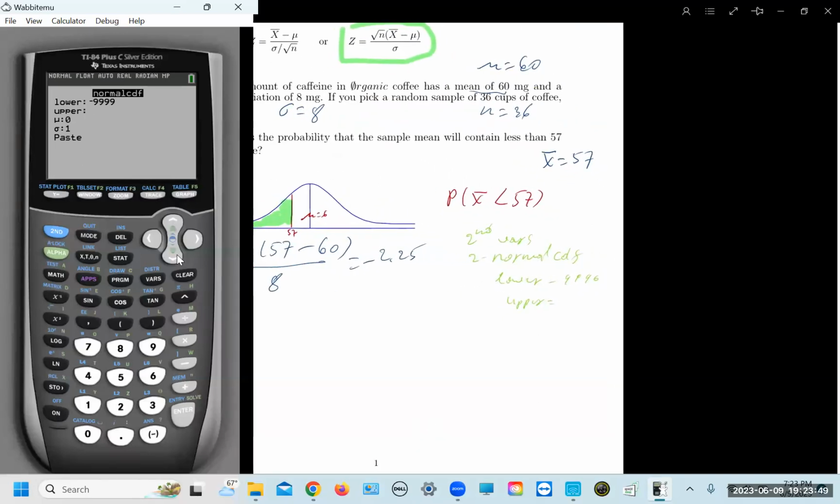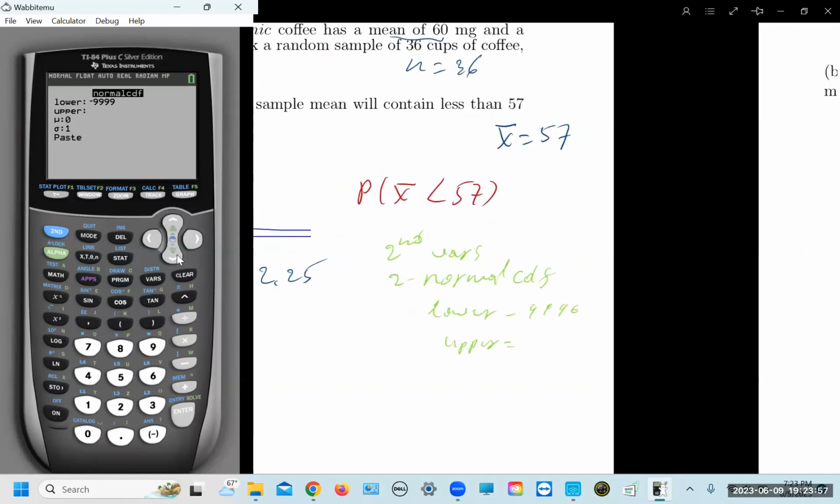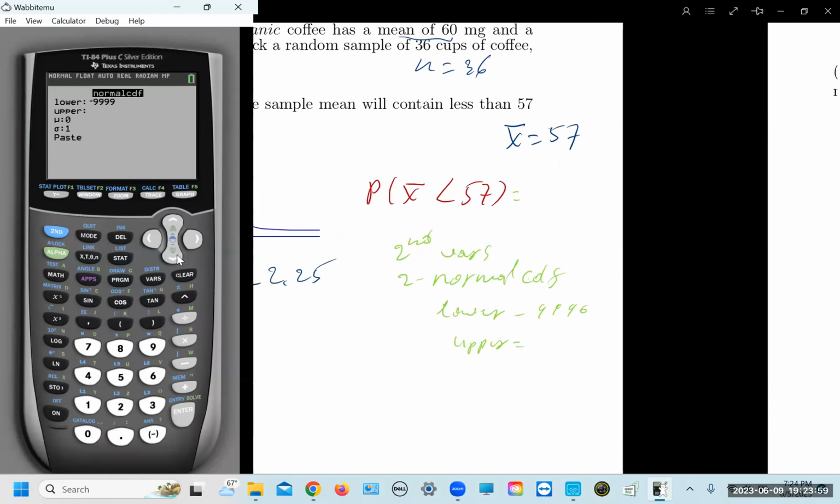So this one is not 57. Z equals this, or we can say P of Z less than minus 2.25.